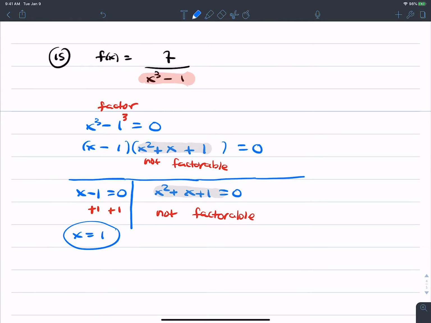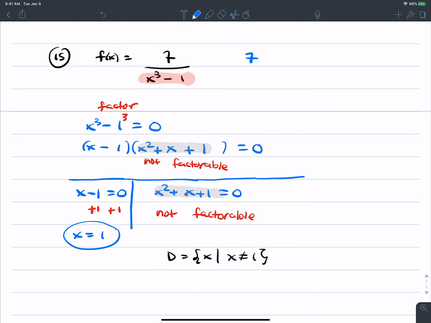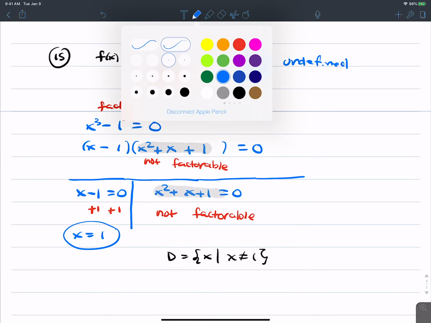So your domain here is going to be the set of all real numbers x such that x could not be the value 1. So this here is thrown out. If we use 1 as an input, we'll get 7 over 0 again, which is undefined. And that's what we're trying to avoid, dividing by 0. So here's our answer. This is the domain.